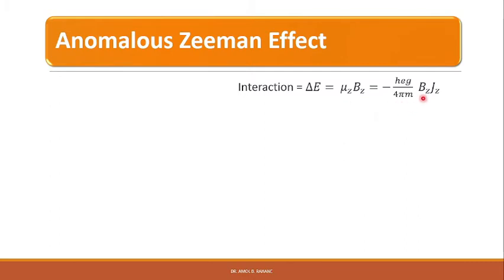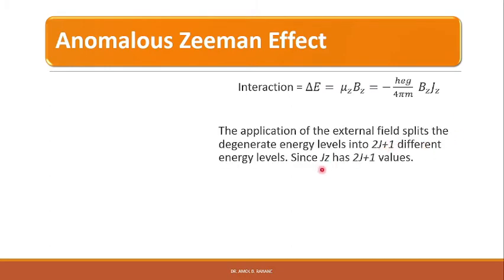which is equal to minus heg upon 4 pi m, Bz into Jz, where Jz is the quantum number of the Z component of the total angular momentum J vector, right? So this Jz has different values, and the application of an external field splits the degenerate energy levels into 2J plus 1 different energy levels corresponding to different Jz values.